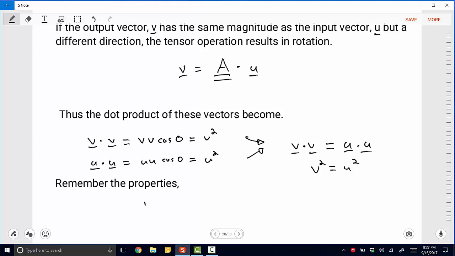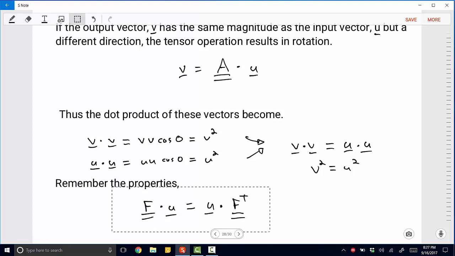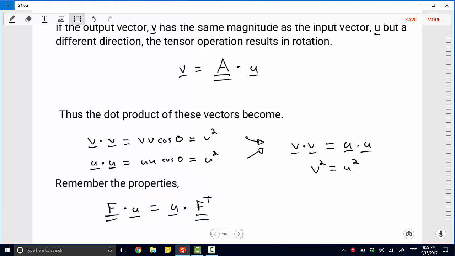Well, we remember that the dot product of a tensor with a vector is not commutative, and instead of being commutative, we arrive at the relationship where the vector dot product the transpose of the tensor is equal to the original form.